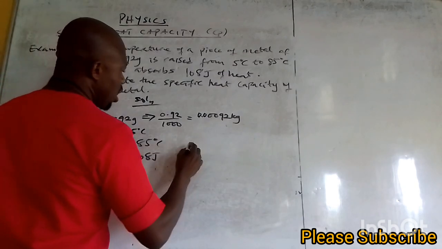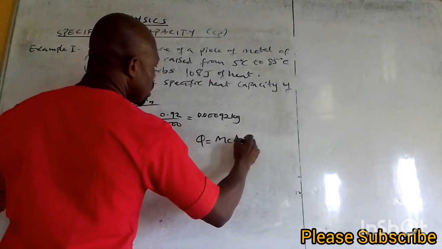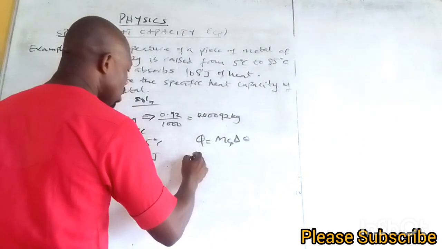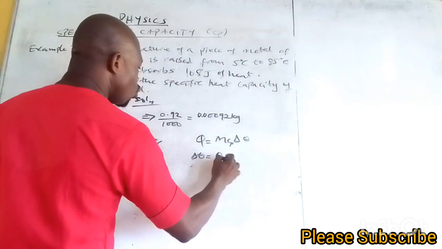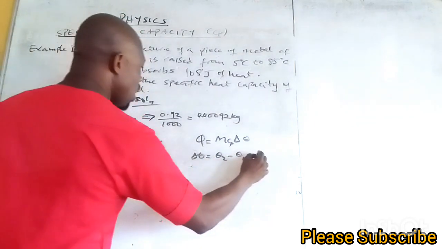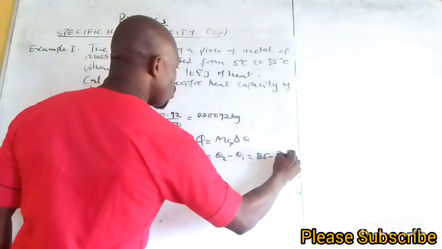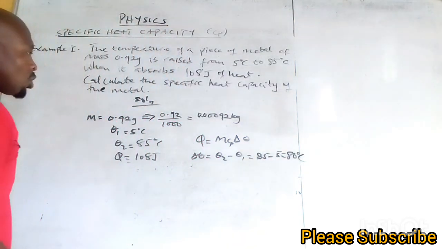We now have our formula as Q equals mc delta theta. We solve for delta theta first. Delta theta equals theta 2 minus theta 1, which will give us 85 minus 5, so delta theta is 80 degrees Celsius.